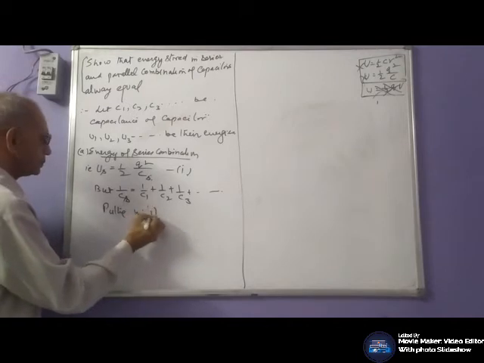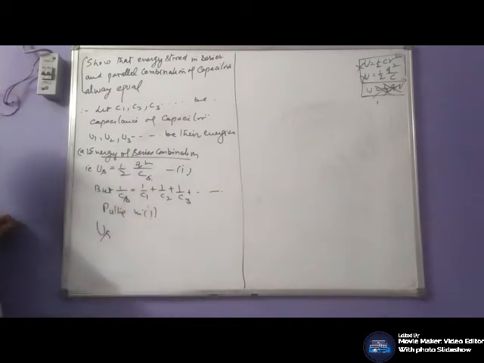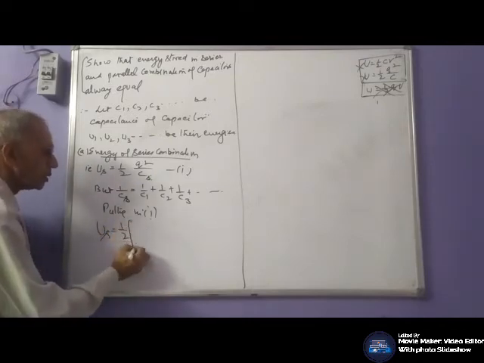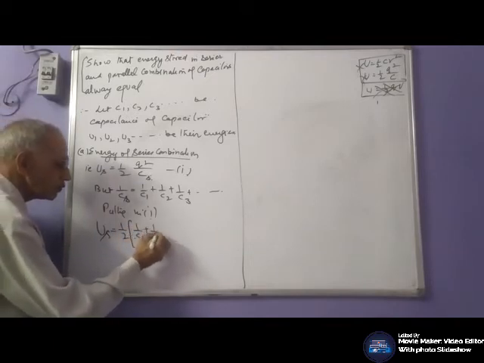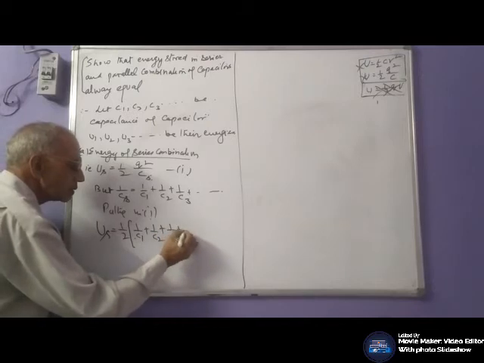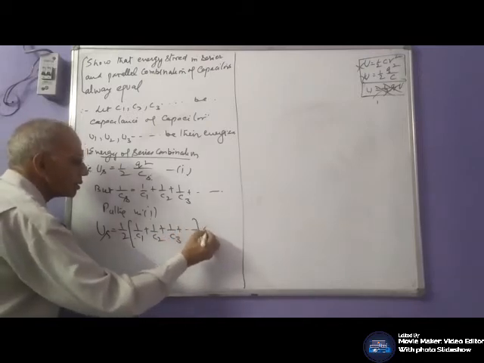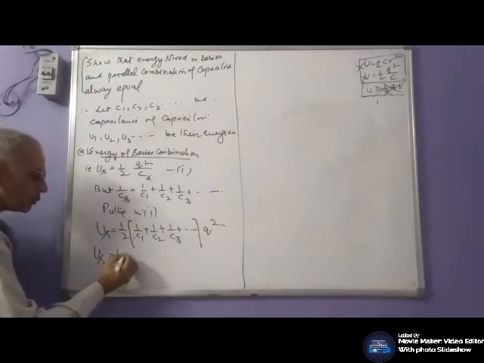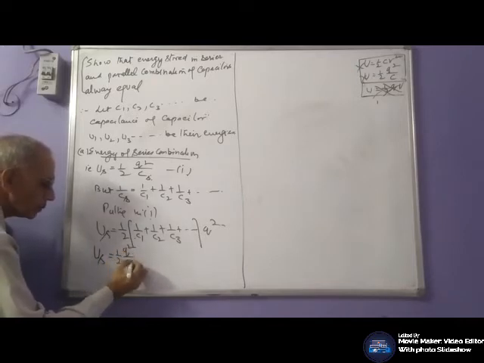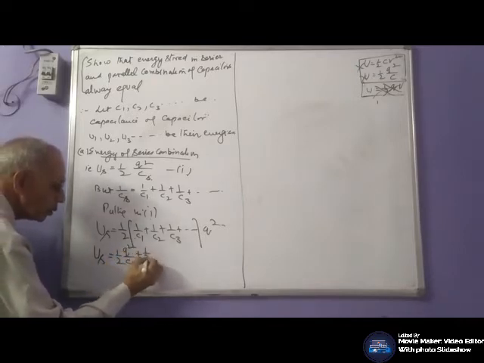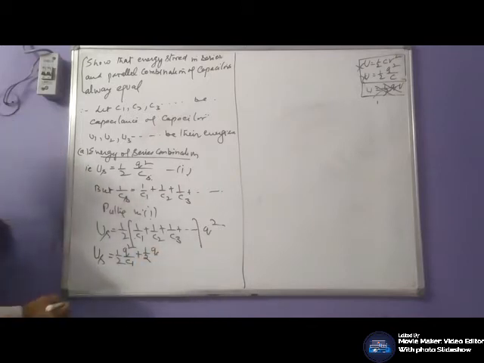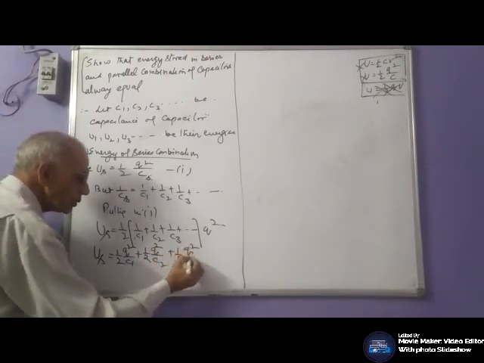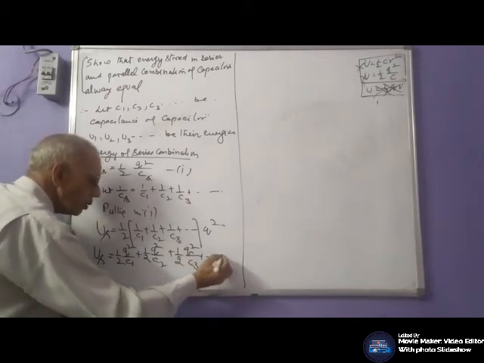Putting in first, US, energy of series combination, is 1 by 2 Q square times (1 by C1 plus 1 by C2 plus 1 by C3 and so on), or US is 1 by 2 Q square by C1, 1 by 2 Q square by C2, 1 by 2 Q square by C3 and so on.